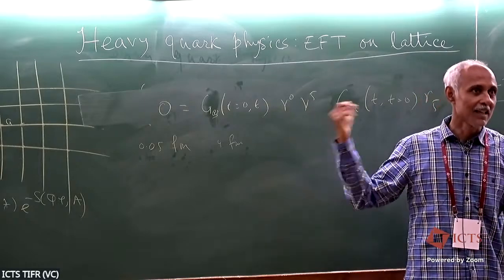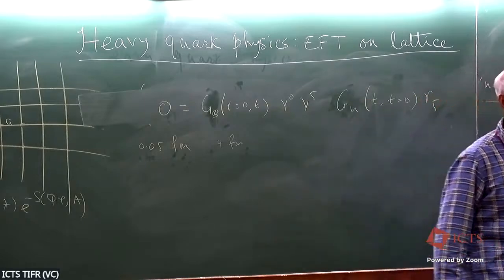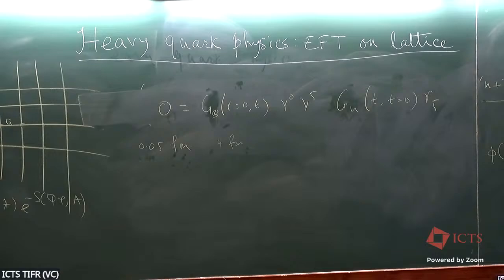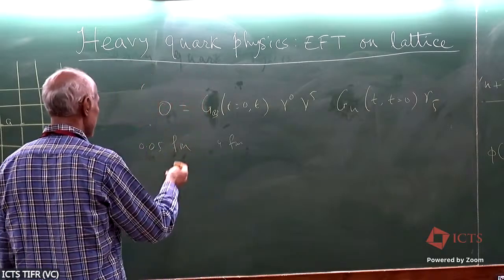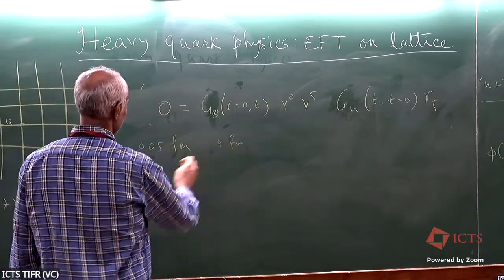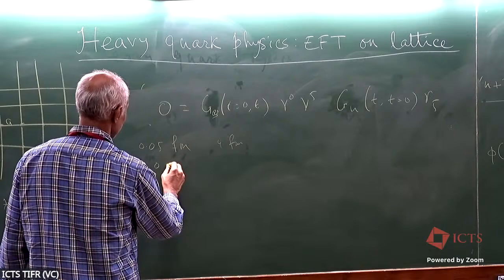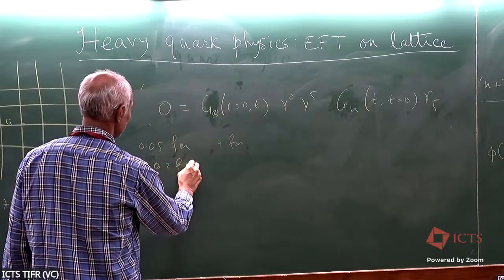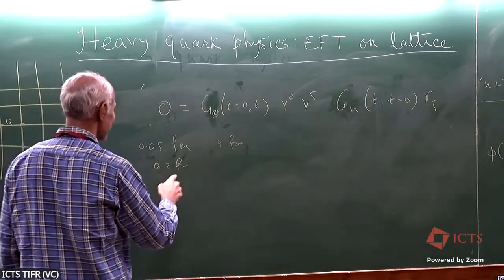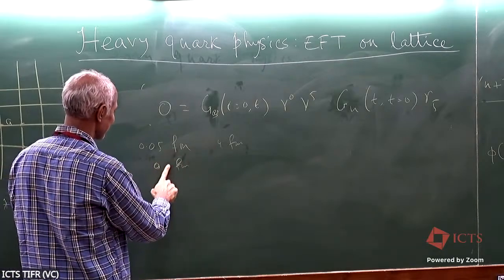Okay. And the u quark will remain as it is. Okay. The advantage is that now we do not need a lattice of 0.02 Fermi, etc. If I want, yeah, I can take a 0.2 Fermi lattice. Well, that's probably a bit coarse, but whatever.